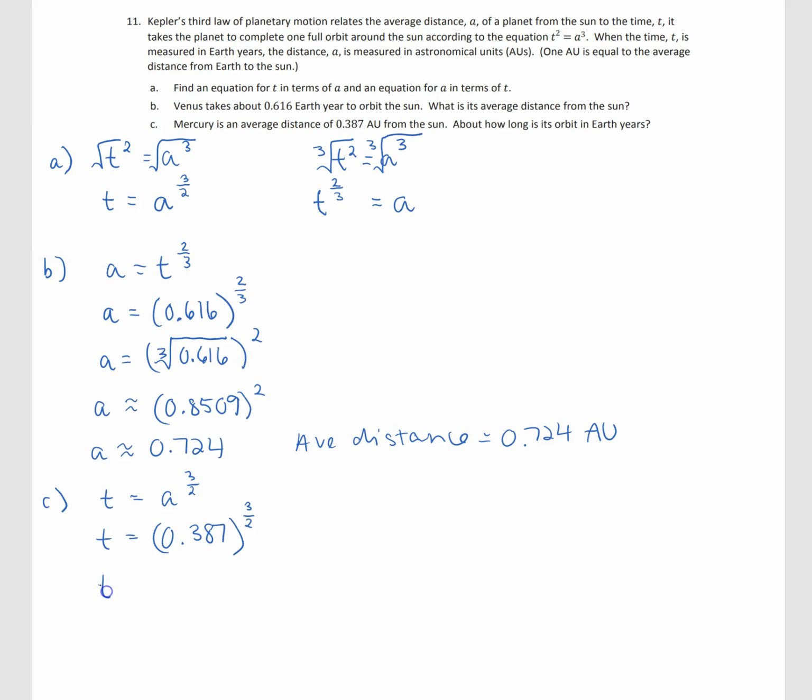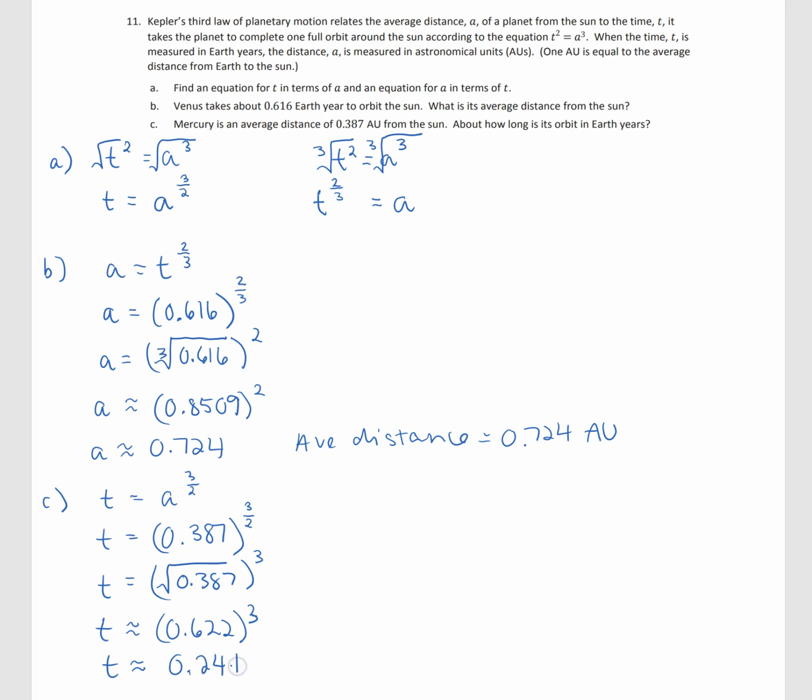So again, you can do this in either order you want. I'm going to take the square root of 0.387 and cube it. When I do that, again, I get a decimal, so I'm going to round. It's about 0.622 is the square root of this number. I'm going to square that, or sorry, cube that. And that gives me t is about equal to 0.241.